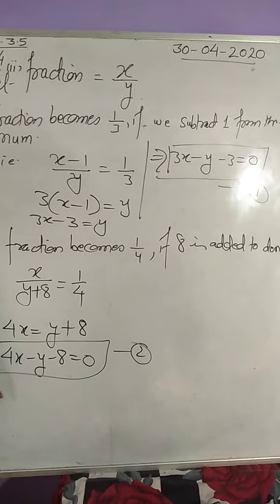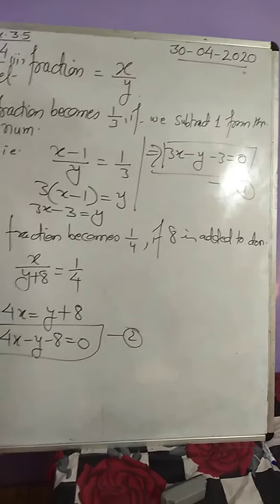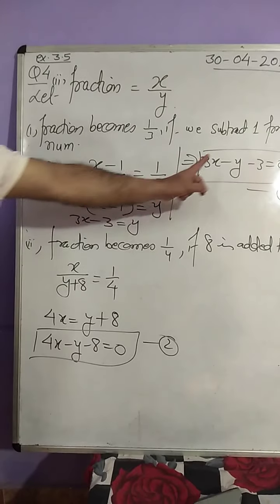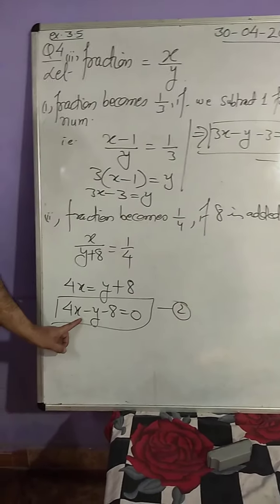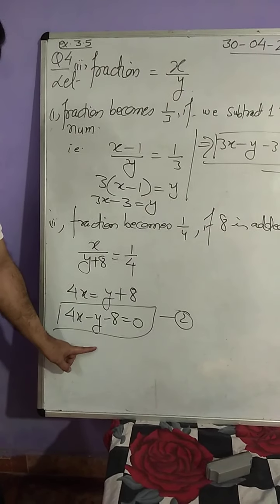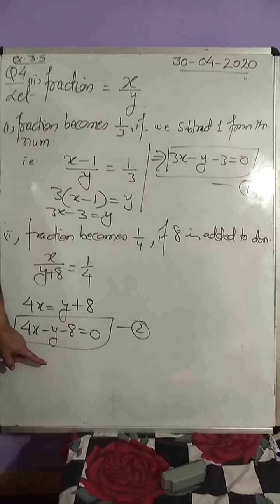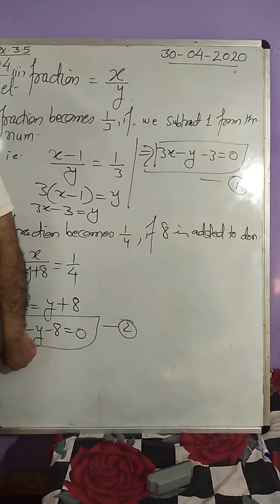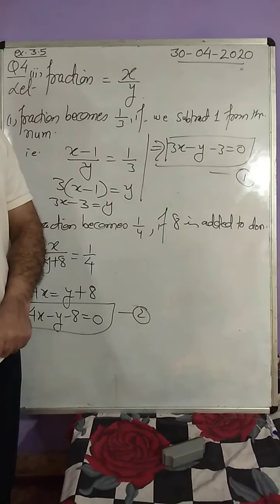First equation, second equation. We have the freedom to choose any of the three algebraic methods. But see, in the first equation the second term is minus y, and here it is also minus y, the same term. So which method would be best here? The most appropriate method, which I would again suggest, is the elimination method.